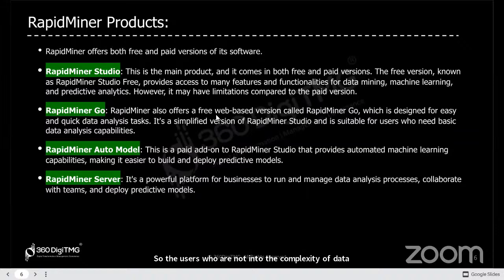And the third one that we have is RapidMiner Auto Model. This is an add-on to RapidMiner Studio. When we install the RapidMiner Studio tool, within it you will have an add-on called Auto Model. What is the use of Auto Model? As the word indicates, it is used to create accurate models without needing any advanced data science knowledge.